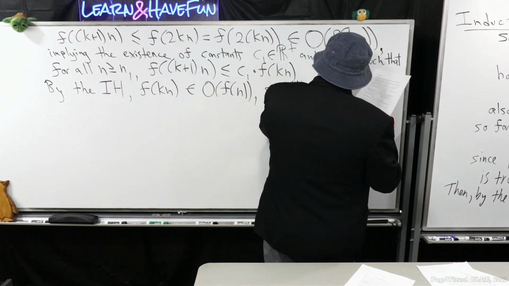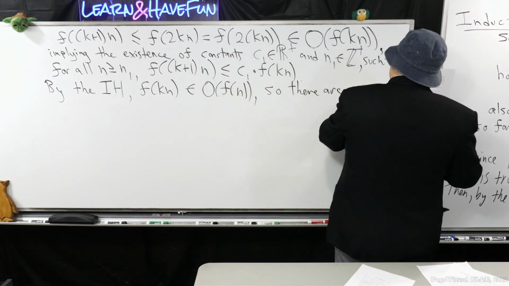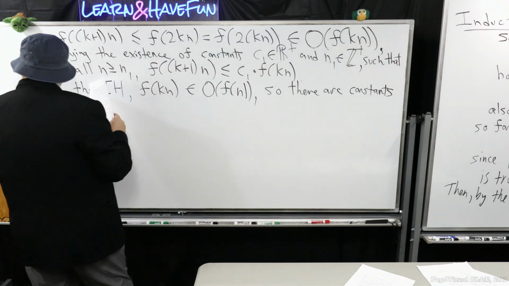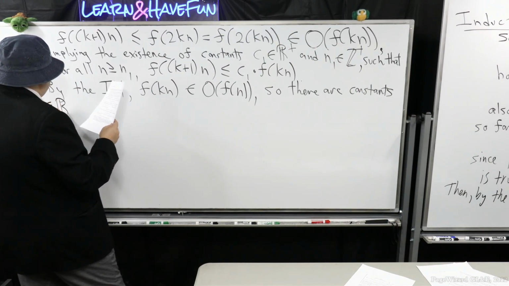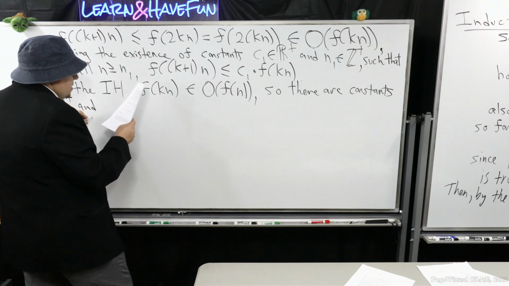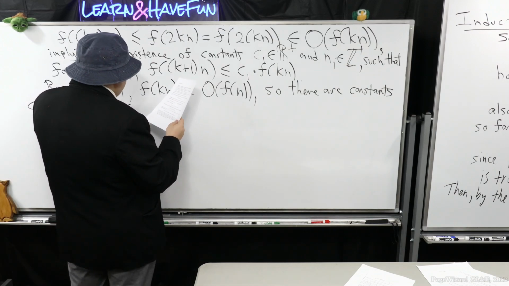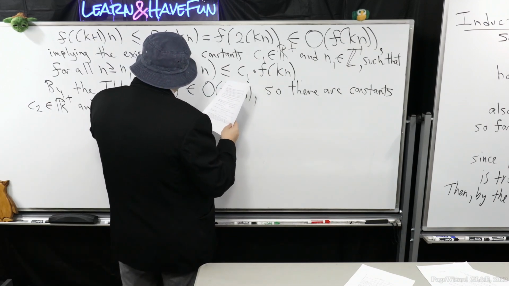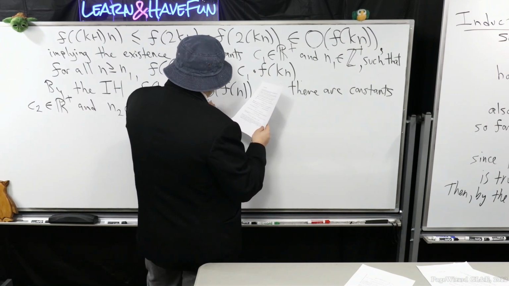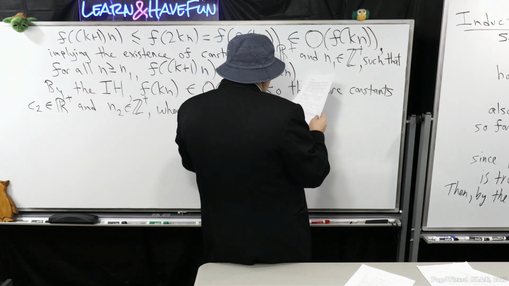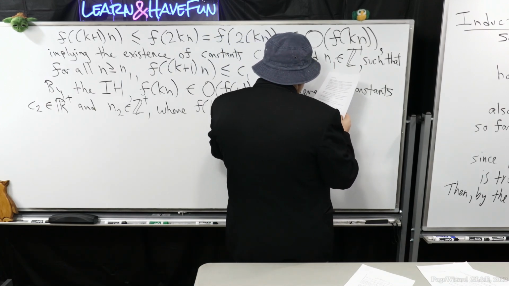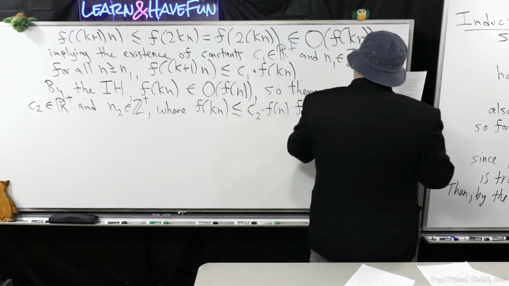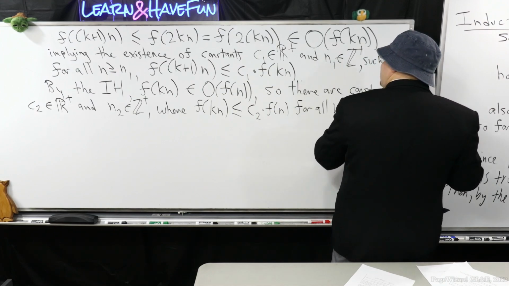So there are constants C2, which is a positive real number, and N2, which is a positive integer, where it has to be that f of kn is less than or equal to C2 times f of n for all n greater or equal to N2.